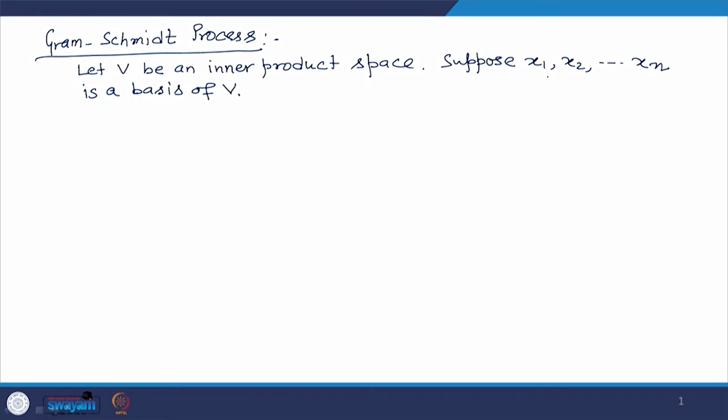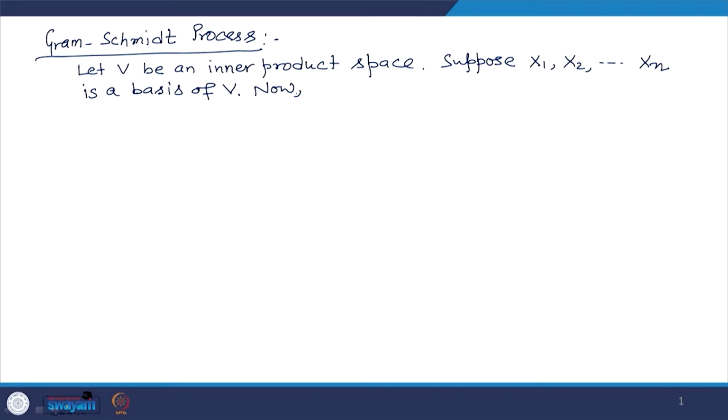So, x1, x2, ..., xn are vectors, and since they form a basis of V, they are linearly independent.